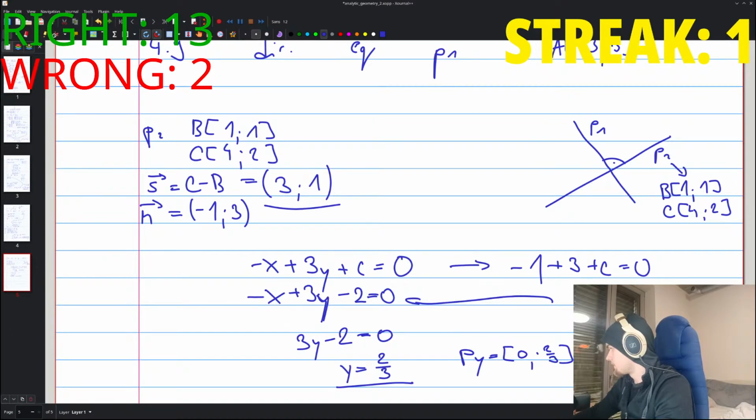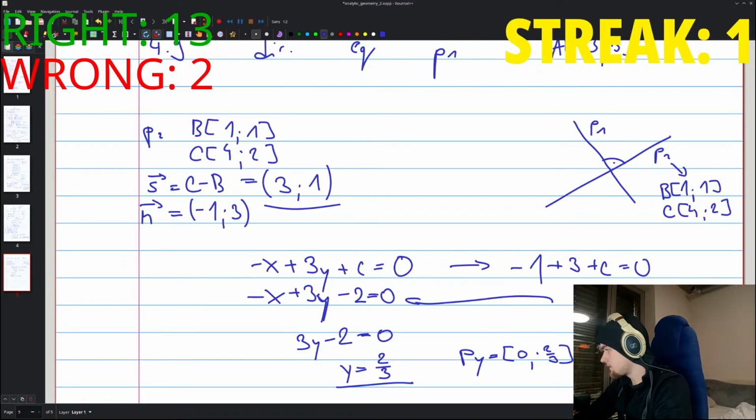No. We get a point. Yeah, give me the coordinates though. Yeah, so it's 2/3. What's the angle? I messed up the angle calculation then. No, I didn't. What the hell?